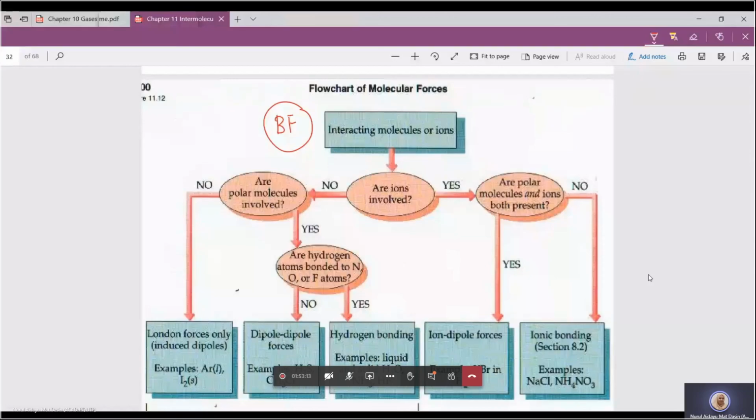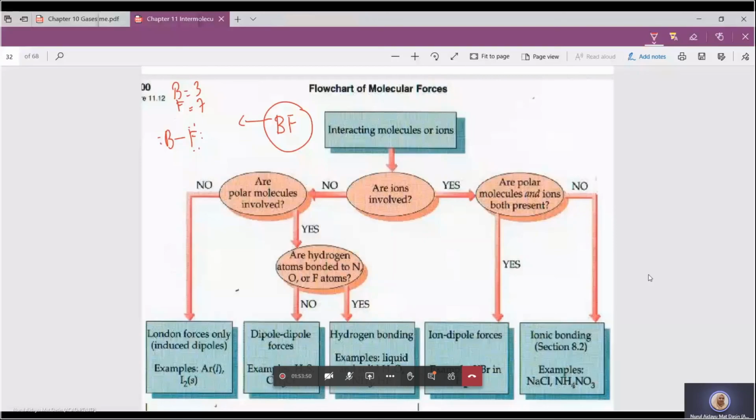No ions, right? BF is a molecule. So if molecule, you go to the left hand side here, no. Then you check whether BF is polar. How to check polar molecule? You try to draw the Lewis structure. Boron is 3, F is 7, so total is 10. Then you draw BF with 10 electrons, plus 1 lone pair here.